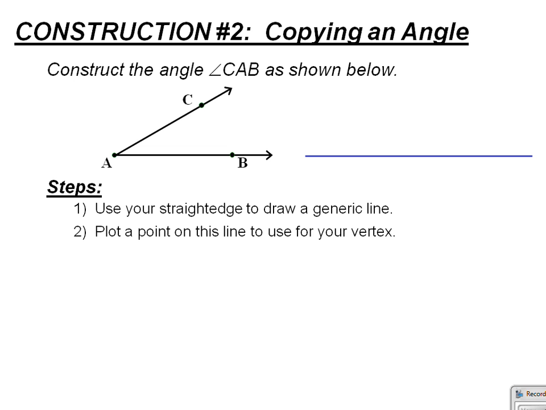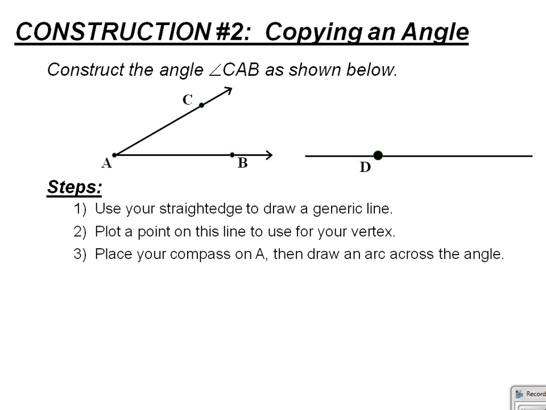The second step is plotting a point on this line to use for your vertex of your angle, and make sure it's recessed far back enough so that you have room to work. Now here's where the steps differ from the first construction. Step number 3, placing your compass on point A on the original angle, draw an arc across the angle, and it needs to cross the entire span of the angle from edge to edge.